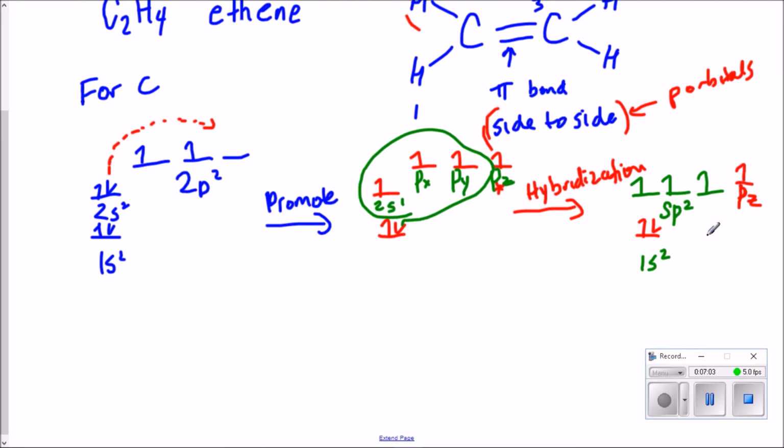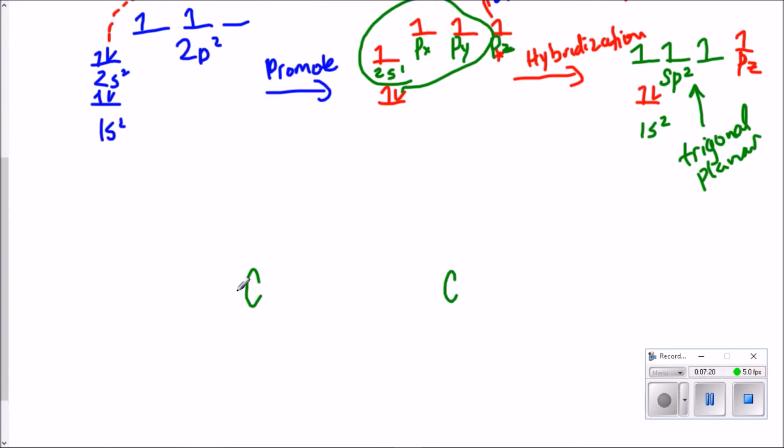Now when we draw this out, you're going to see that we are forming a trigonal planar shape. Now the trigonal planar shape again is going to have angles of 120 degrees. Now there's 2 carbons, so therefore they're both going to have 120 degrees.